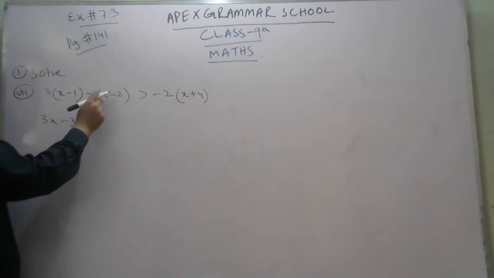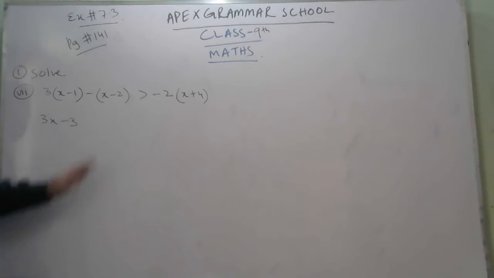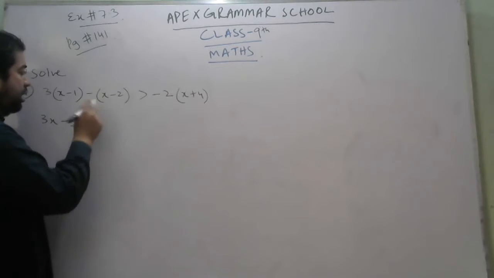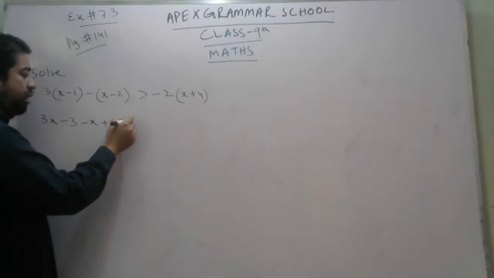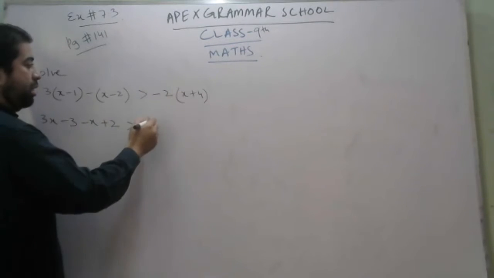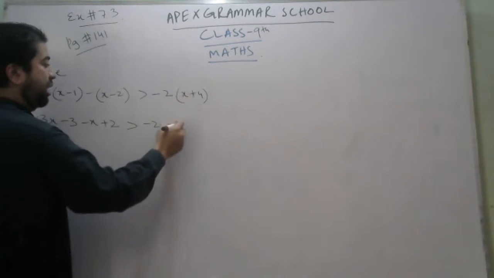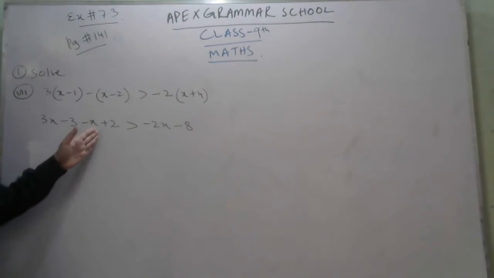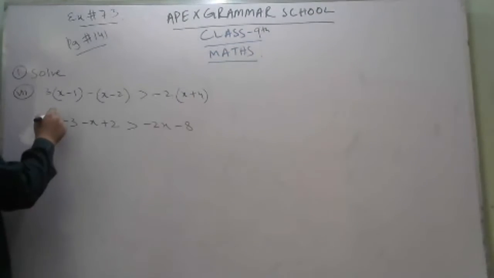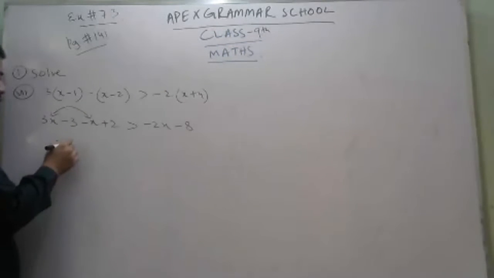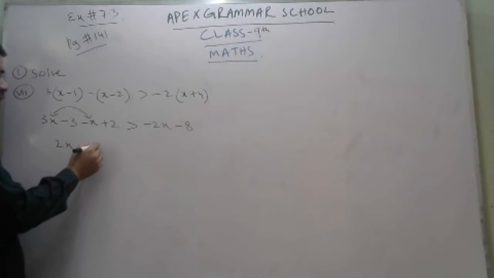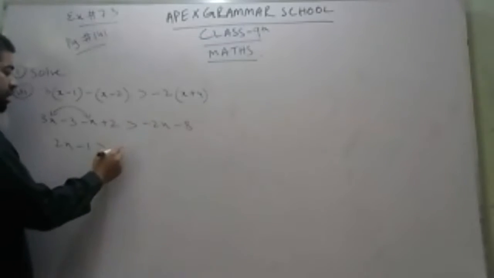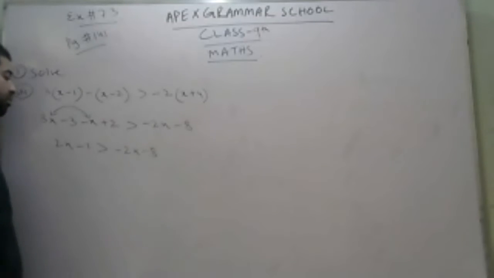Minus multiplied by x minus 2 changes the signs, so minus x and plus 2. Greater than minus 2 multiplied inside gives minus 2x minus 8. Now 3x minus x makes 2x. Minus 3 and plus 2 make minus 1, greater than minus 2x minus 8.